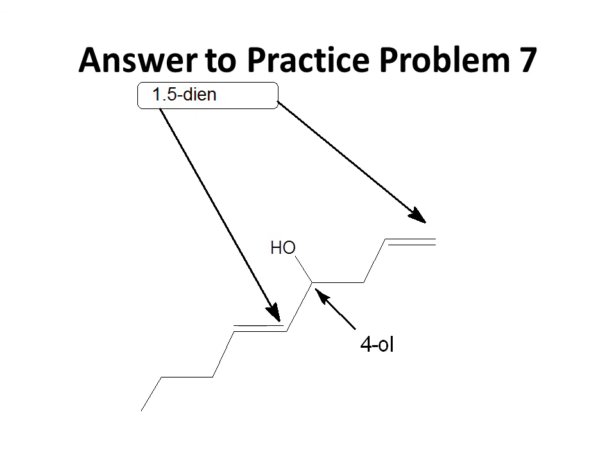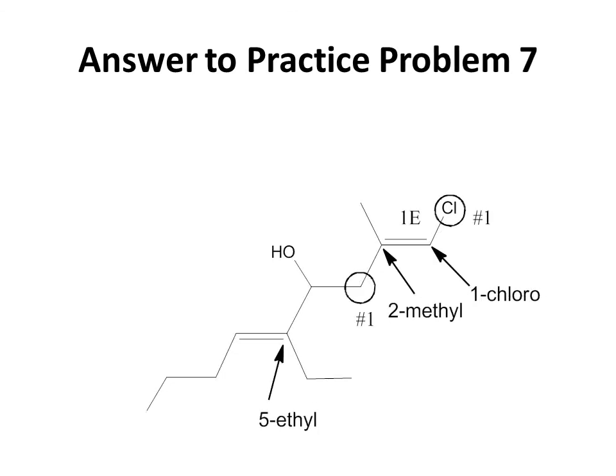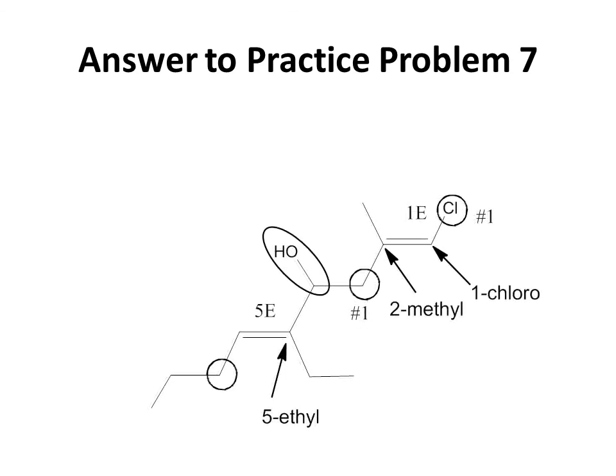Now we can deal with the substituents of 1-chloro, 2-methyl, 5-ethyl. And finally, we want to deal with the stereochemistry. We have the 1E stereochemistry and the 5E stereochemistry established. And at position 4, we see that that is 4R.